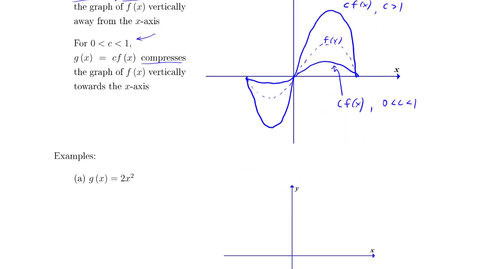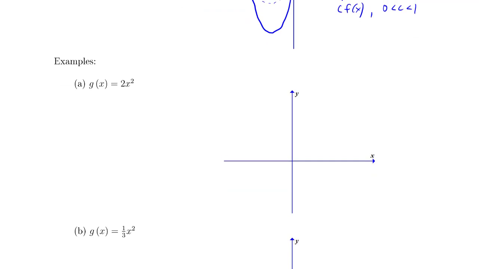All right, let's see this in some examples. So g of x is 2x squared. Obviously, the basic function here is x squared, so we start with that. All right, just the x squared function. And then I want to know what's going to happen when I multiply by 2. There's two ways to think about this.